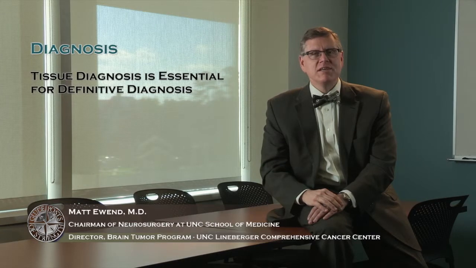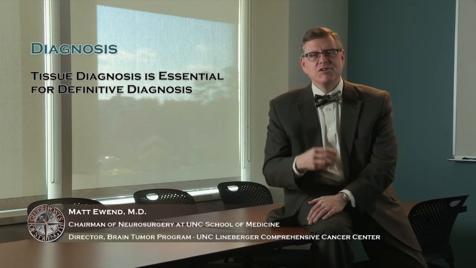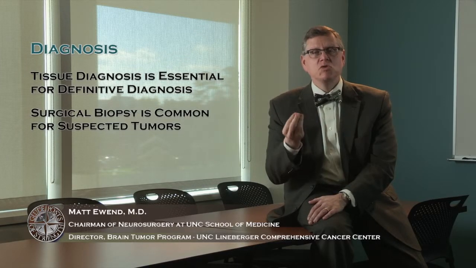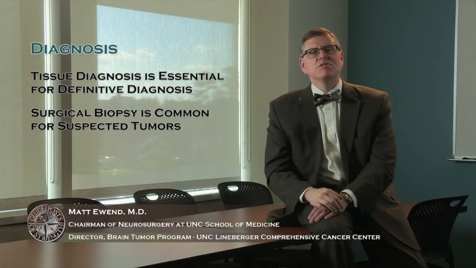Until we have a tissue diagnosis, and while we're basing all of our decisions on an MRI scan or a CAT scan, we're making educated guesses about what the tumor is. So it would be very common for a patient diagnosed with a new lesion in their brain to undergo some sort of a biopsy or surgical procedure to get a definitive diagnosis.